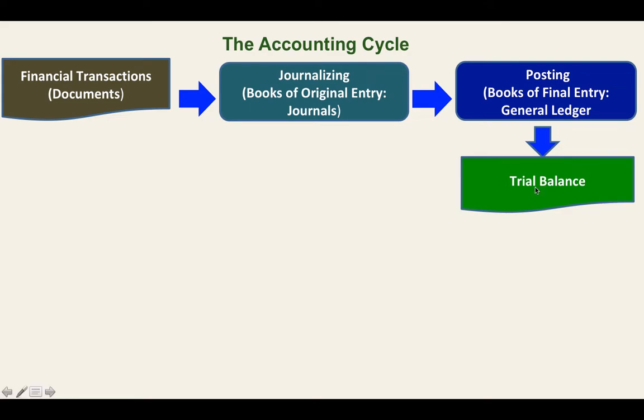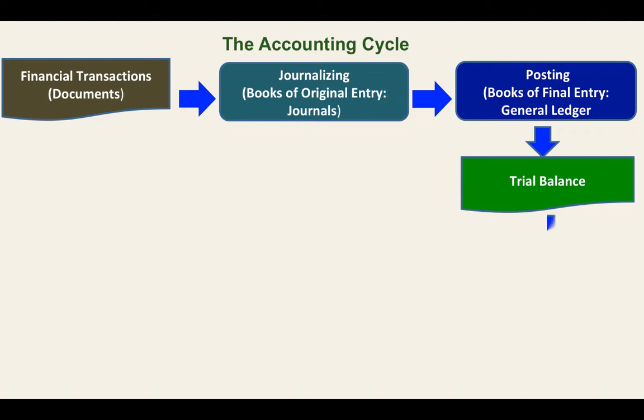And in extracting the summary, or in preparing the trial balance, it should be balanced. Then again, take note, class, as I have said, the trial balance proves only the equality of debit and credit. It doesn't mean that your recording is accurate already.